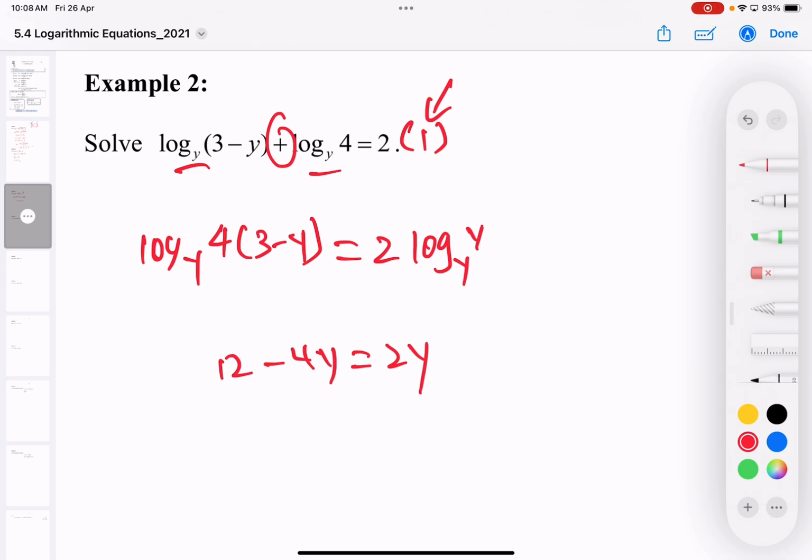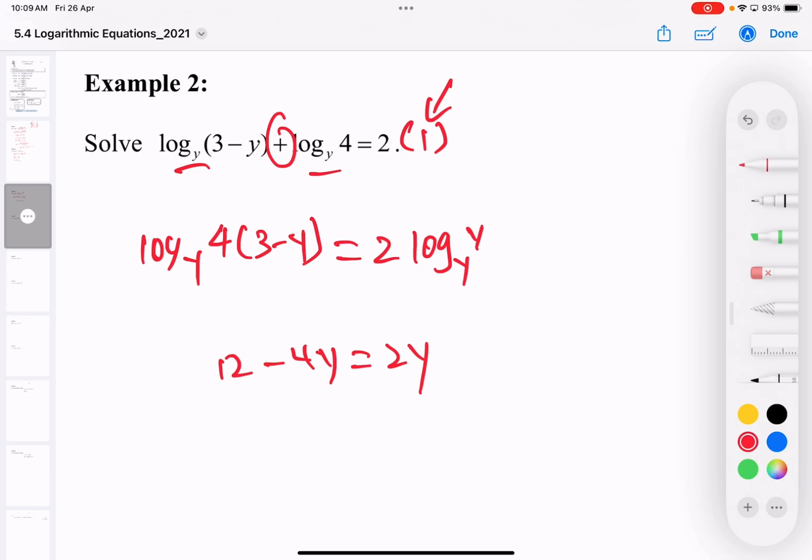Alright? Because you can only compare it if it's both log base y. But here you have this 2. Okay? So how can we get rid of this 2? Push it up. Yeah, we can use our power law. Okay? So if we can bring the powers down, we can easily bring it up.